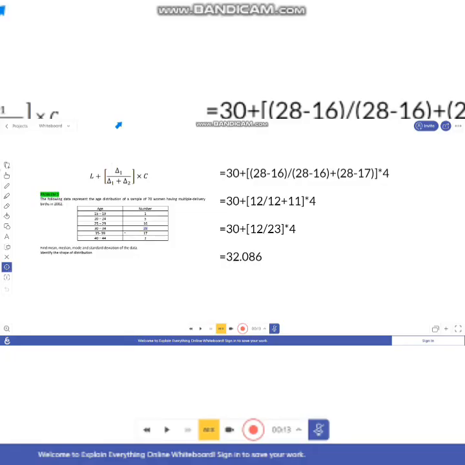Now I will be explaining how to compute the mode. So firstly I will explain this formula.